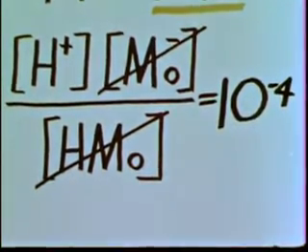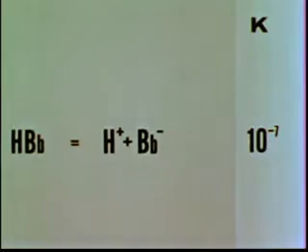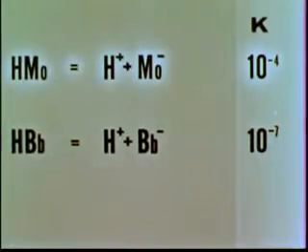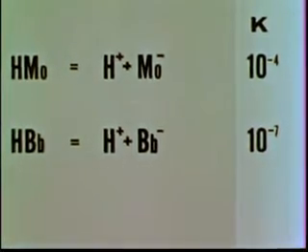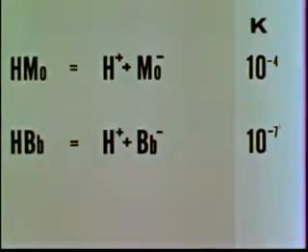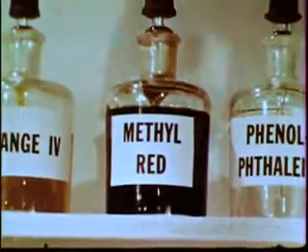We showed that the equilibrium constant of bromothiamyl blue is 10 to the minus 7. Methyl orange, with an equilibrium constant of 10 to the minus 4, must be a stronger acid than bromothiamyl blue. And BB minus must be a stronger base than MO minus. Next, let's test methyl red.